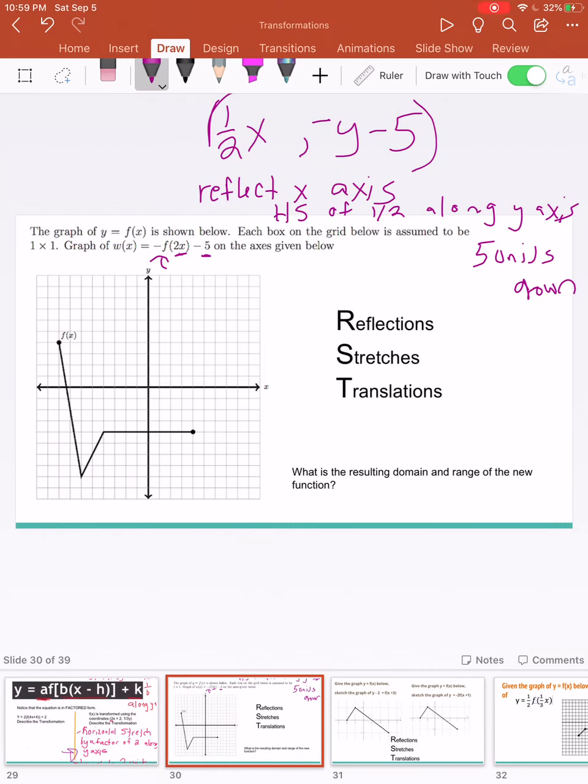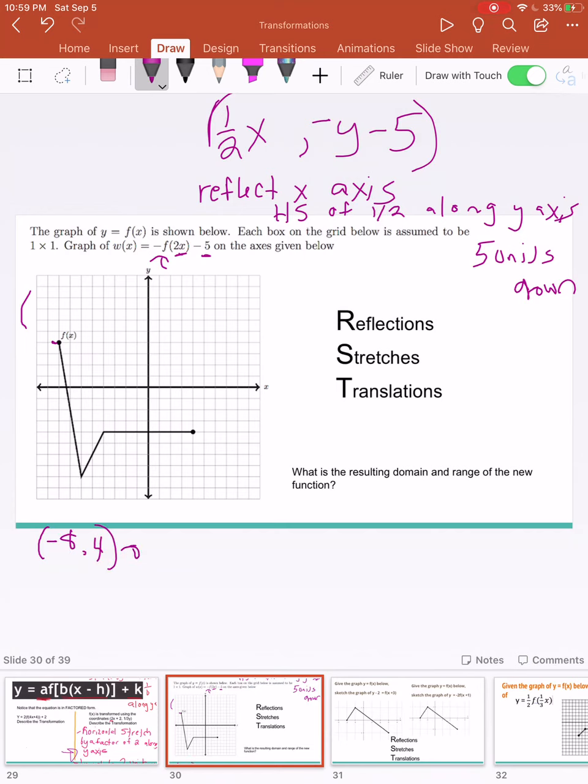The reason mapping coordinates are so helpful is you can take any ordered pair from the original graph, apply it to those mapping coordinates, and you'll get your new ordered pair on the new graph. So let's start here. My original ordered pair would be -8, 4.